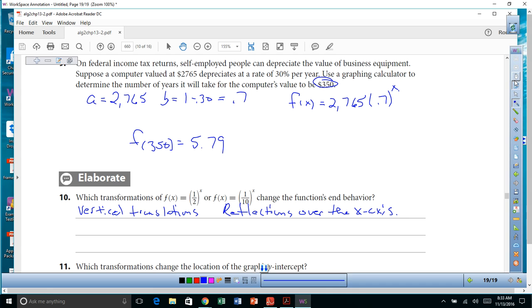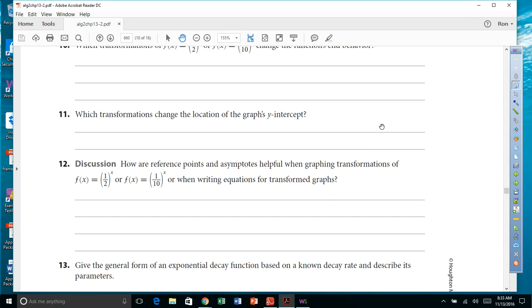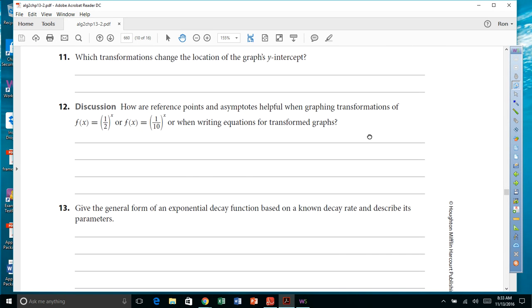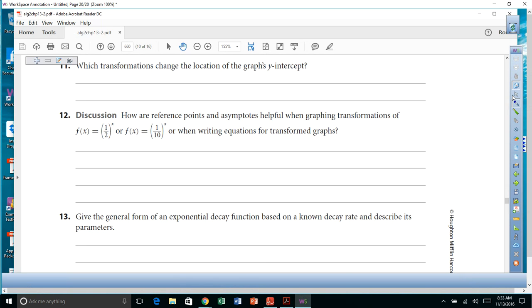Let's try number 11. Which transformations change the location of the graph's y-intercept? Vertical translations will, horizontal translations will, vertical stretches and compressions, and reflections over the x-axis. So what can change it? The A can, the H can, and the K can.